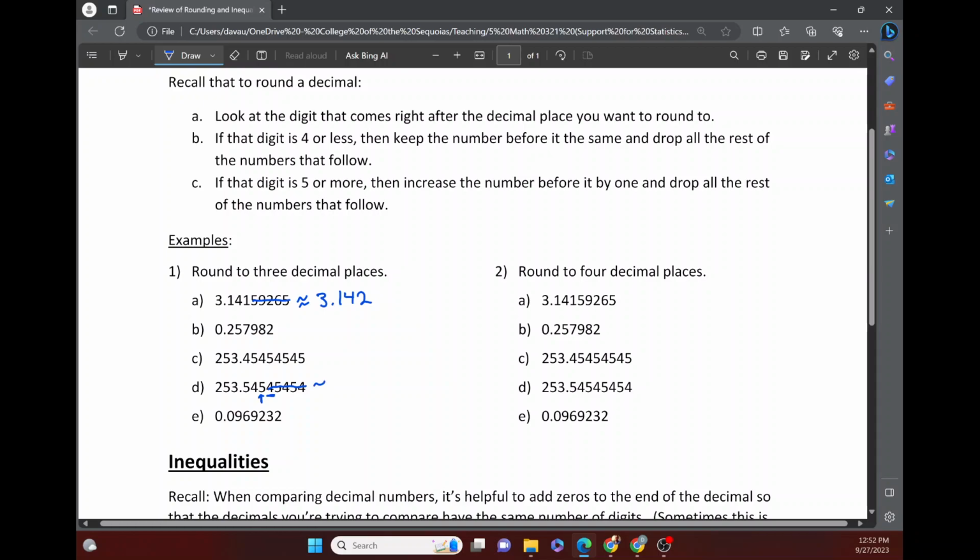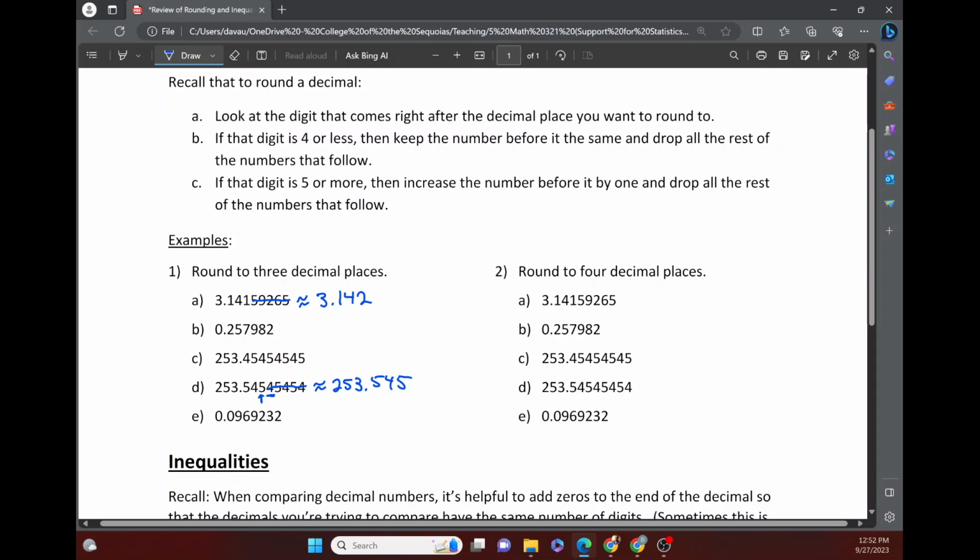And we were going to say this is approximately 253.545. So I will let you pause the video and work out the rest of those examples, parts B, C, and E in example 1, and then I'll work out my solutions.